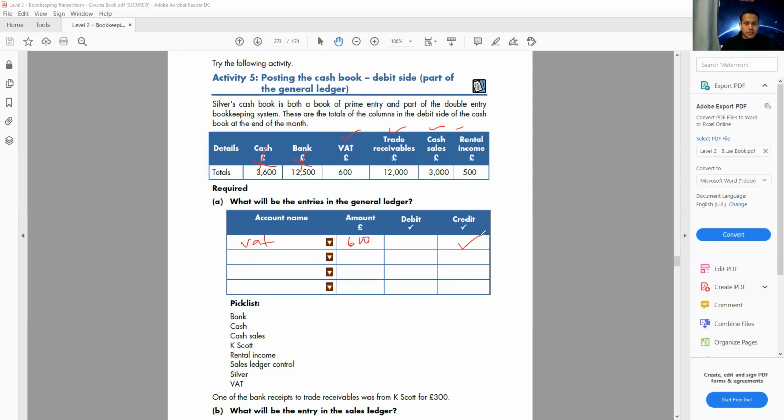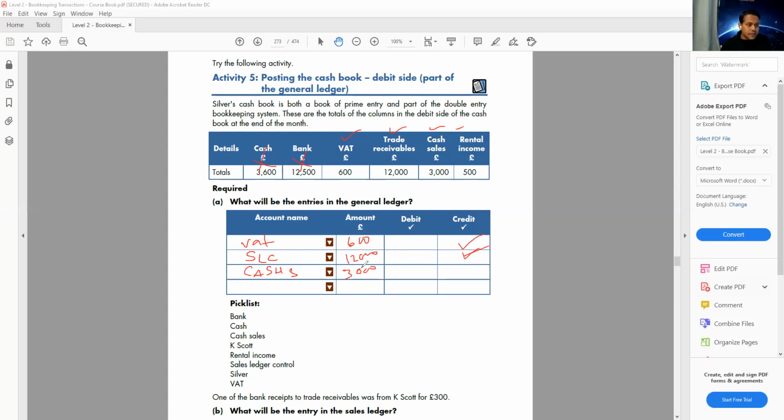That's our credit. Then next one, trade receivables, that means sales ledger control, 12,000. Sales ledger control, debit or credit? Credit. Very well done. Next one, cash sale is income. Cash sale is the income, that is £3,000. That will be our debit or credit?